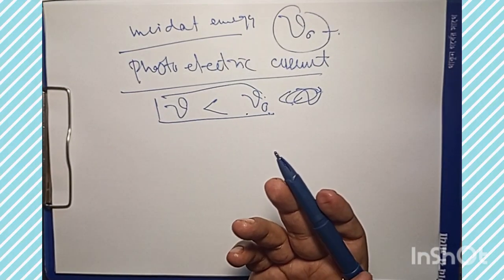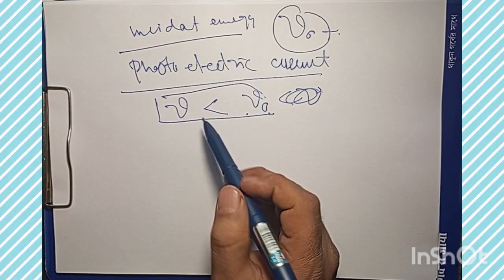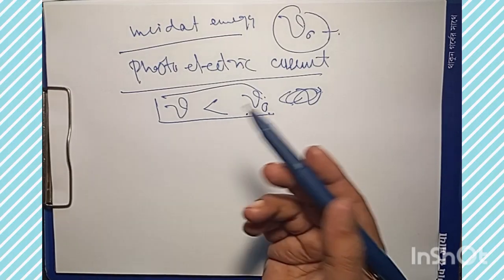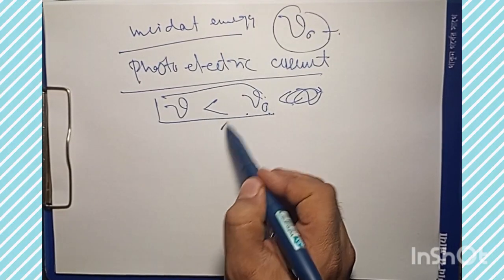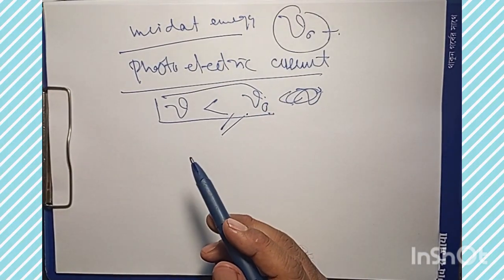Again, there is no limit on the maximum energy to be transferred to the electrons. The electrons can have any value of maximum energy. This is also contrary to what we are observing from the experiments that we have performed.